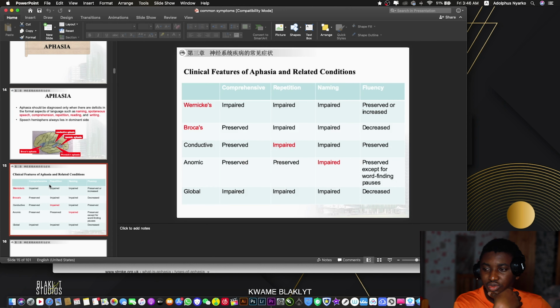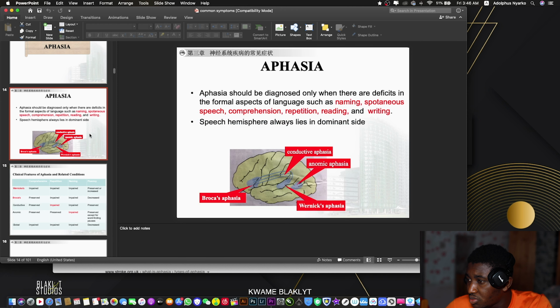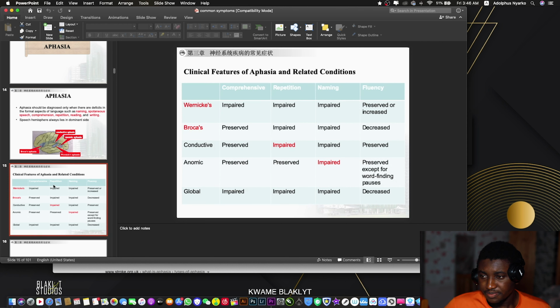All right, so we've got 5 types of aphasia. Okay, and depending on which parts are affected, we have the types.